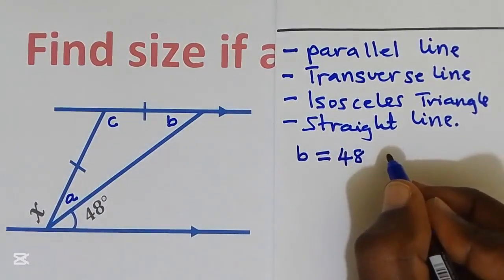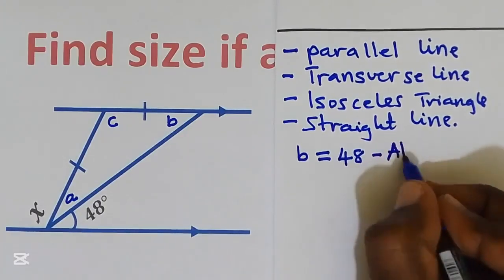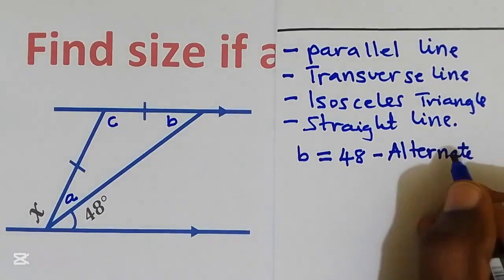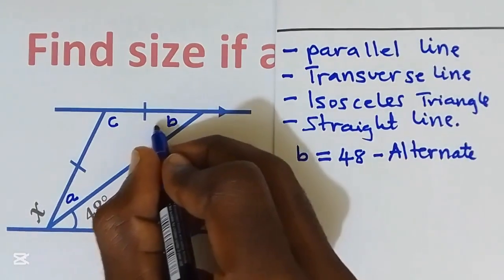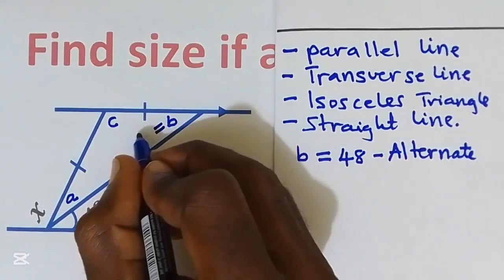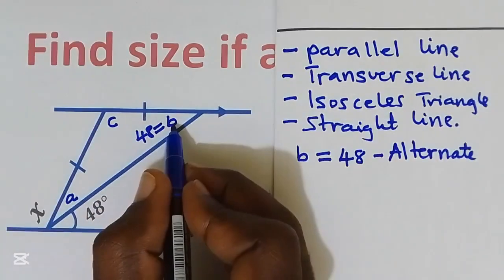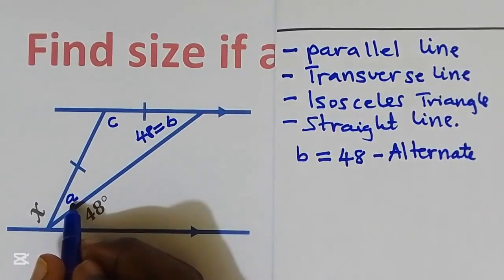The reason is they are alternate to each other. So B is equal to 48.